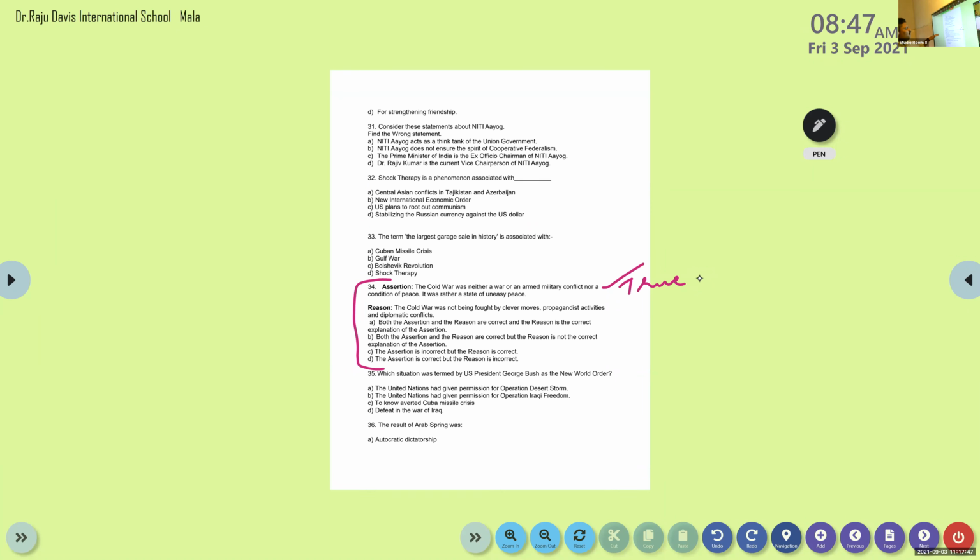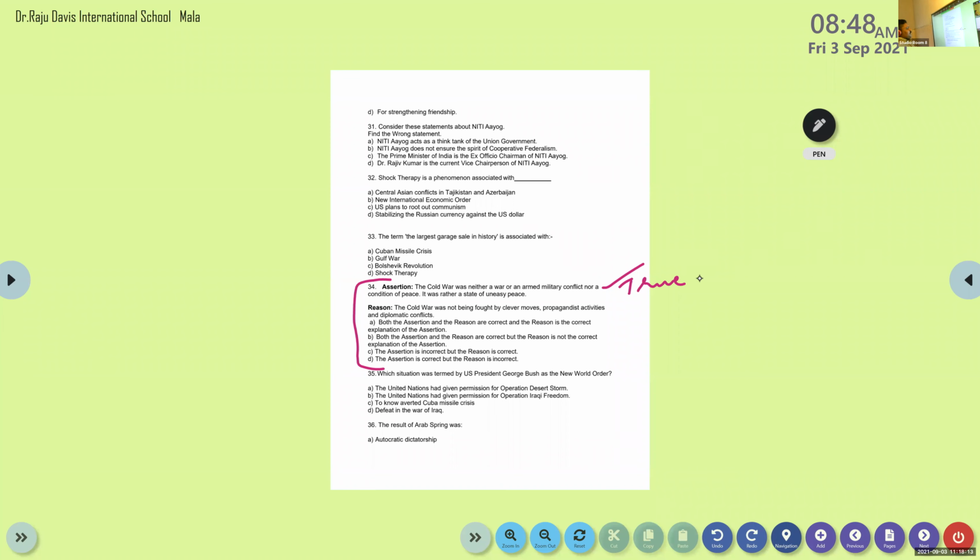Reason: the Cold War was not being fought by clever moves, propagandist activities, and diplomatic conflicts. What about this statement? It is true, or false? See, the Cold War was not being fought by clever moves, propagandist activities, and diplomatic conflicts.